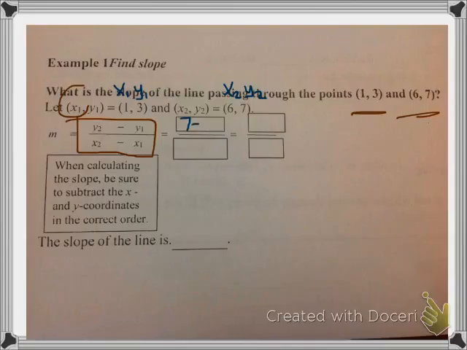It's y2, which is 7, minus my y1, which is 3. Then your denominator is your x2, which is 6, minus your x1, which is 1. 7 minus 3 is 4, 6 minus 1 is 5. So my slope here is 4/5. We've seen that formula, so you should feel comfortable using it.